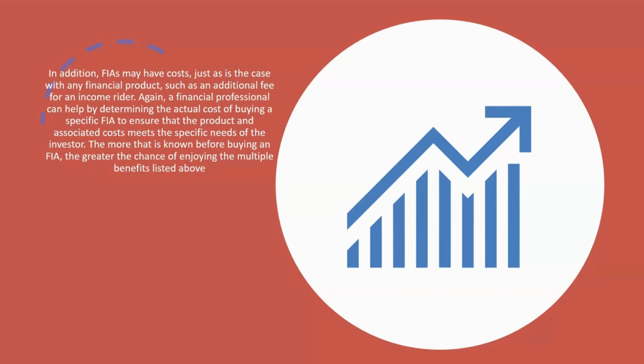And in addition, fixed income annuities may have costs, just as is the case with any financial product, such as an additional fee for an income rider. Again, a financial professional can help by determining the actual cost of buying a specific FIA to ensure that the product and associated costs meet the specific needs of the investor.